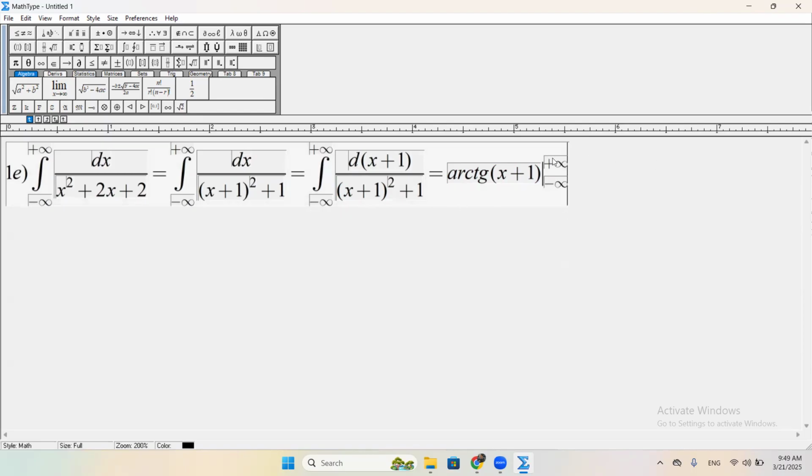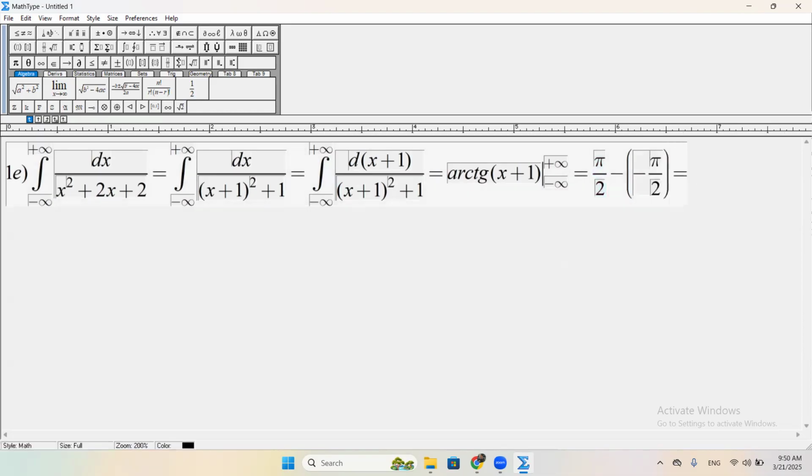And when x approaches plus infinity, arctangent approaches pi over 2. When x approaches minus infinity, arctangent approaches minus pi over 2.